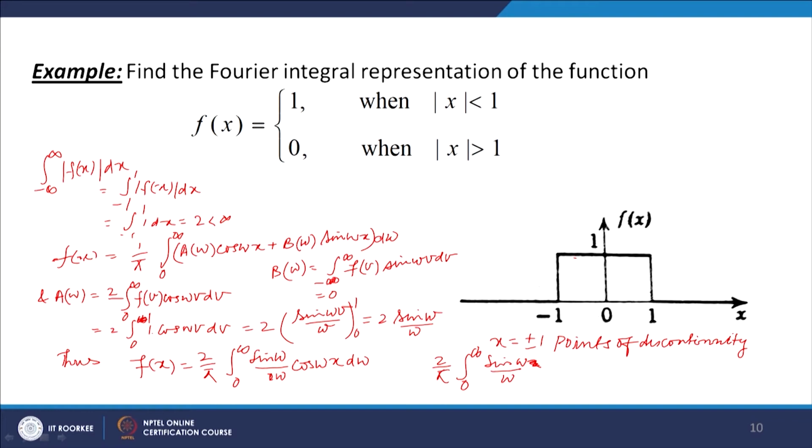So, at x equal to plus minus 1, the integral of sin omega over omega cos omega d omega is equal to f(x), which is half. So, we can say that the integral from 0 to infinity of sin omega cos omega d omega divided by omega is equal to pi by 4.